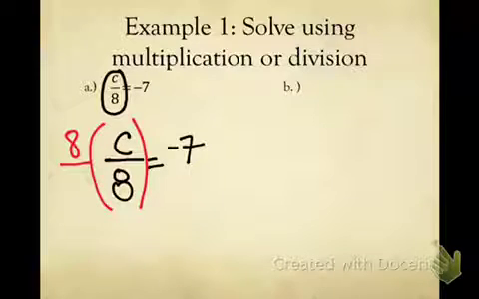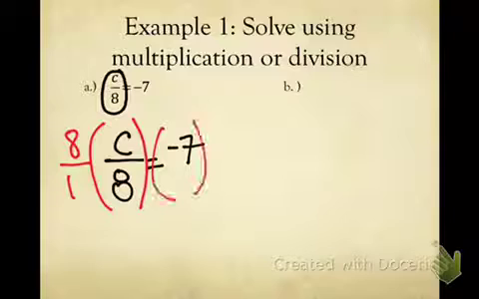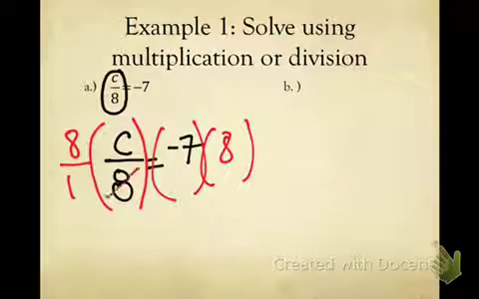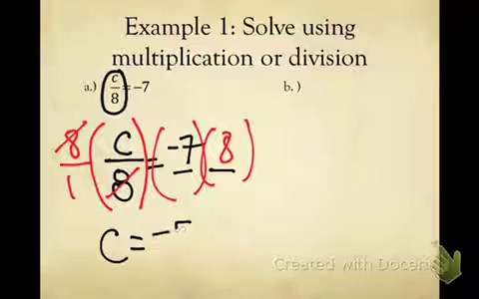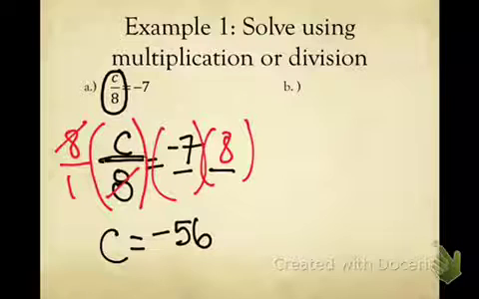Well, if I multiply each side times 8, those will cross cancel. So now I'm left with c equals negative 7 times 8, which is negative 56. So you're trying to do the opposite of what you see to get the letter, the variable, all by itself. So make sure that's in your notes.